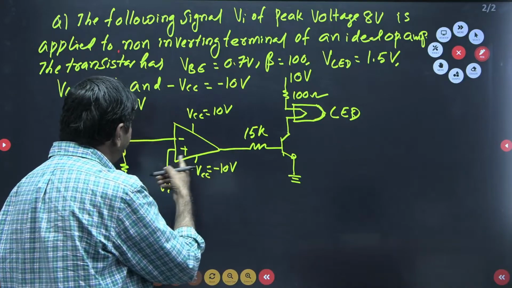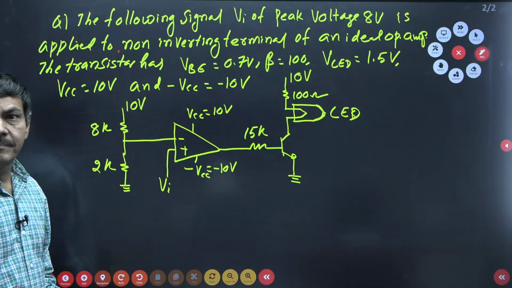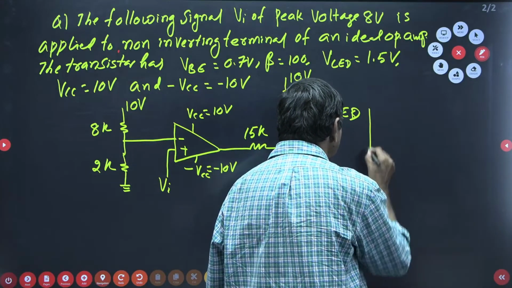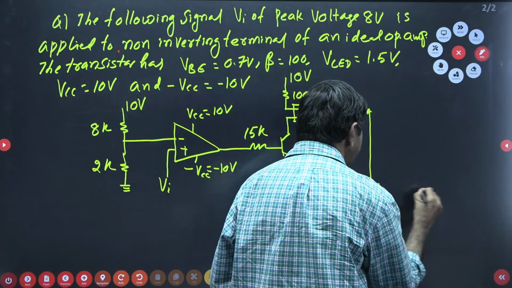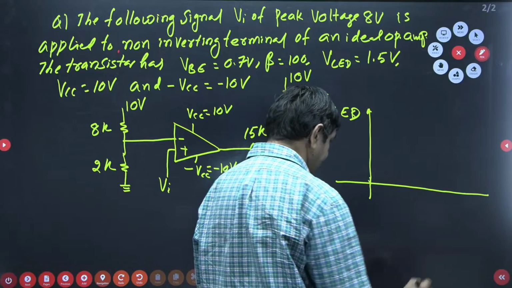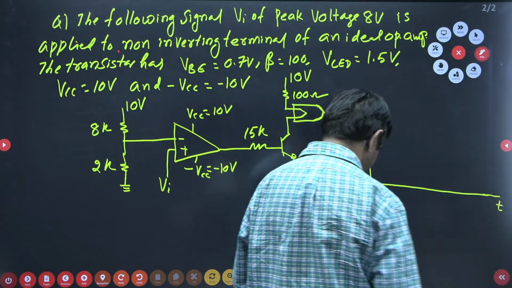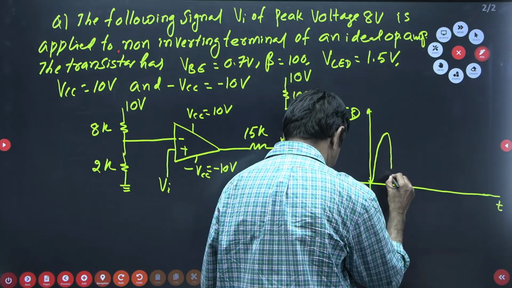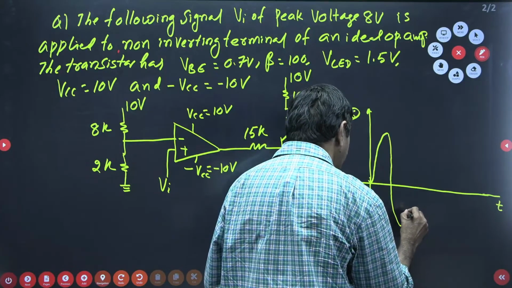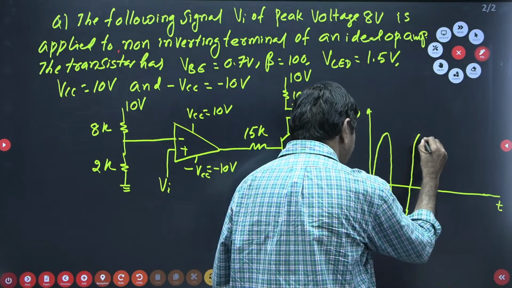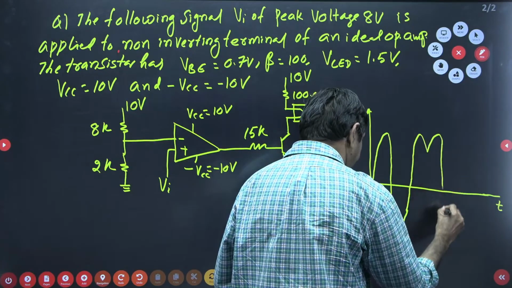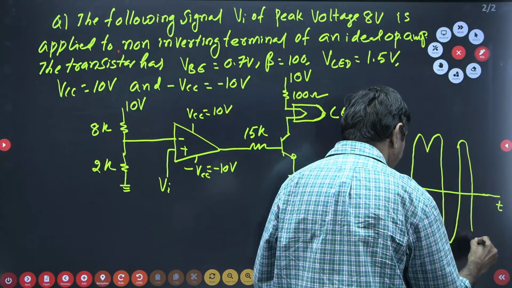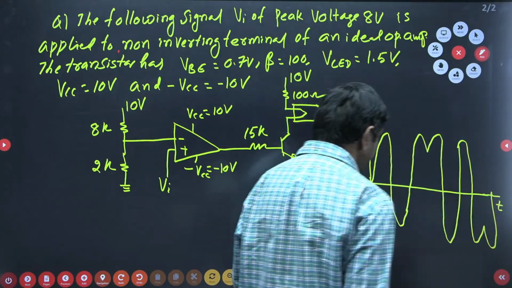When the input voltage VI is given here, the output waveform is also given, showing how the shape of the output will come. This is T. The waveform goes to the top and goes down.